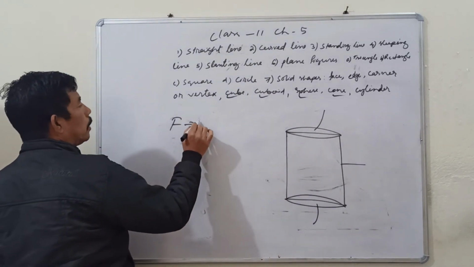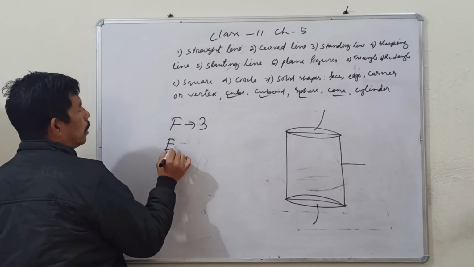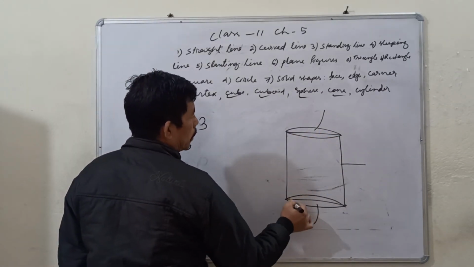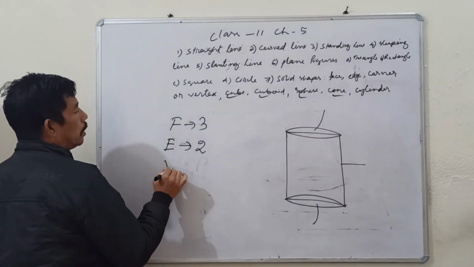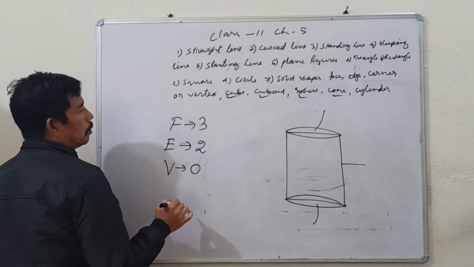So together there are 3 faces. And about the edges, one edge is here, another edge here, together 2 edges. And corner, there is no corner, 0.